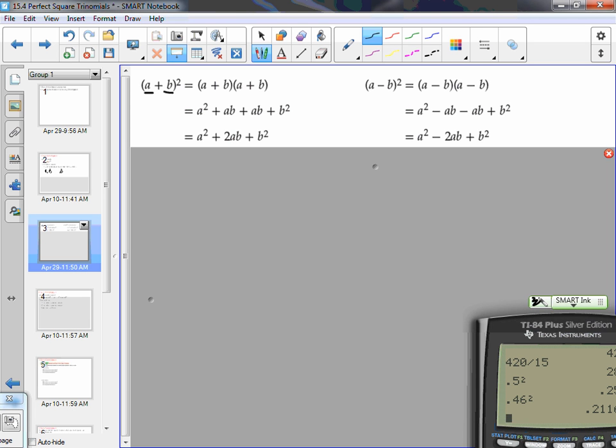The result is the first term squared plus 2 times the first term times the second term plus the second term squared. Or, with the minus, you get the minus.